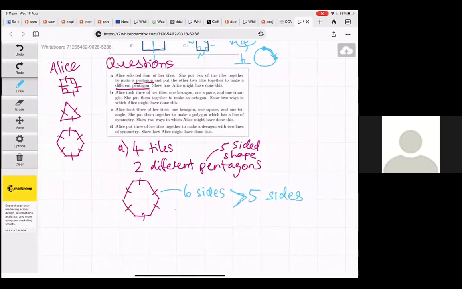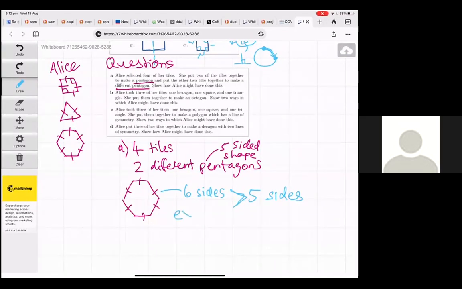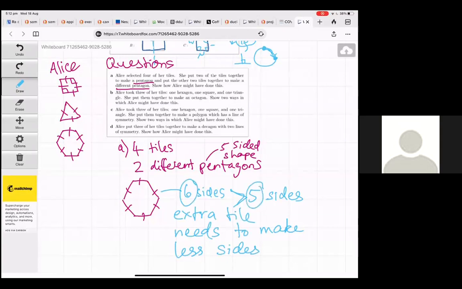So if we connect a shape onto this, then the extra tile needs to make less sides. We need to somehow go from 6 to 5 by adding the extra shape.